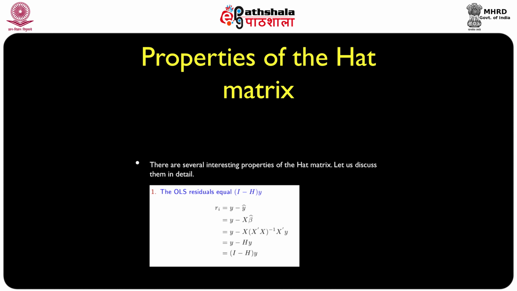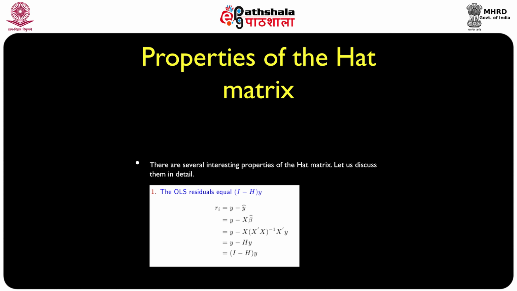The residual r_i equals the difference between the actual response Y and the estimated response Y hat. So we can write r equals Y minus Y hat. Y hat can again be written as X times beta hat, where beta hat is the vector of estimated regression coefficients.